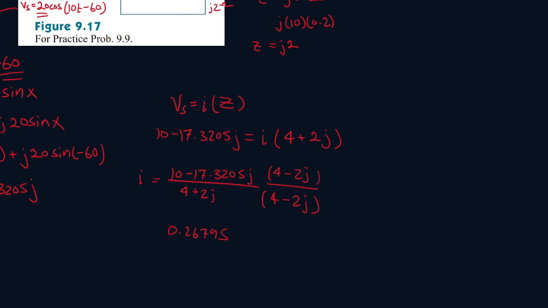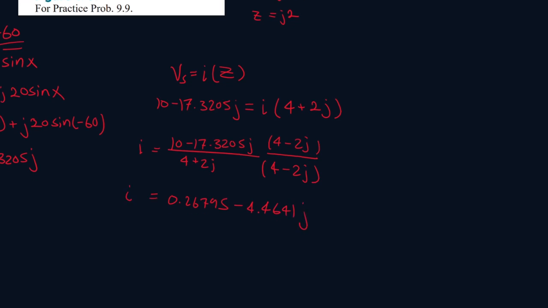Then press shift equal again, and you get your imaginary number, which is minus 4.4641 J. This will be my I value.